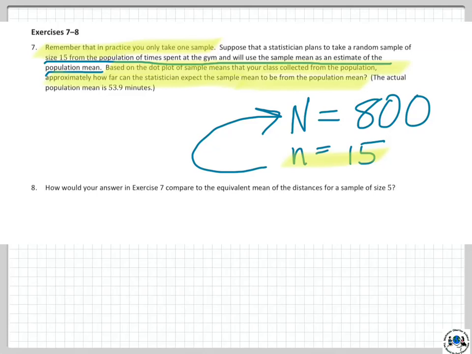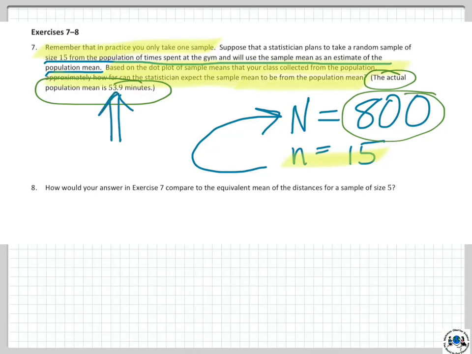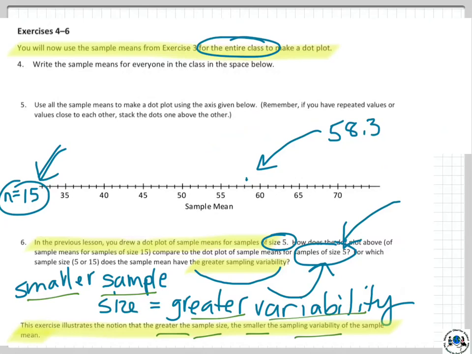Okay, so they're actually telling you right here the actual population mean is 53.9. So somebody actually did add up all 800 of those times and divide by 800, okay, and got 53.9. This is the actual population mean, which is interesting because that's not too far from my 58.3.